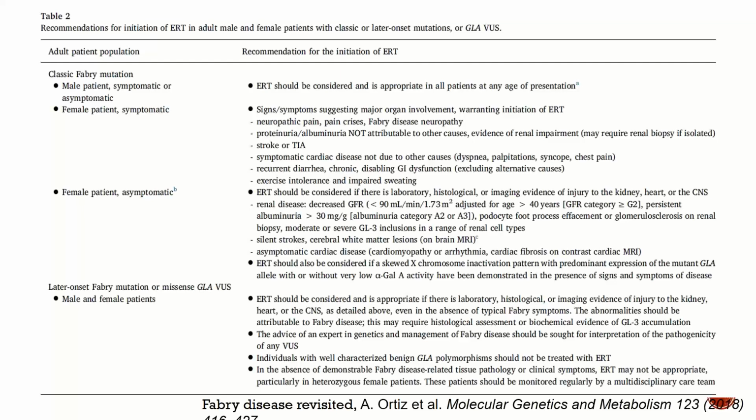A female patient should start if symptomatic, or if asymptomatic, when there is objective evidence of disease, whether laboratory, histological, or imaging evidence. For late-onset Fabry disease, both male and female patients start enzyme replacement therapy whenever you confirm the diagnosis.